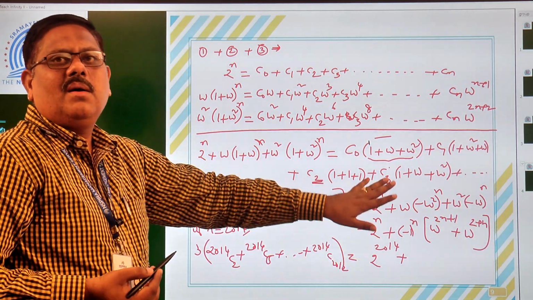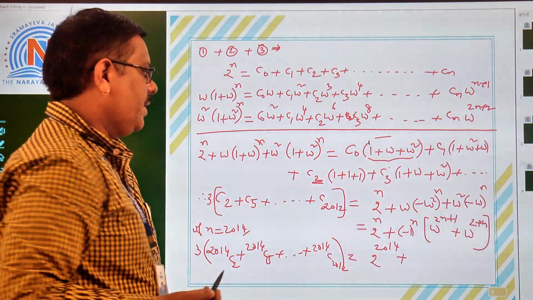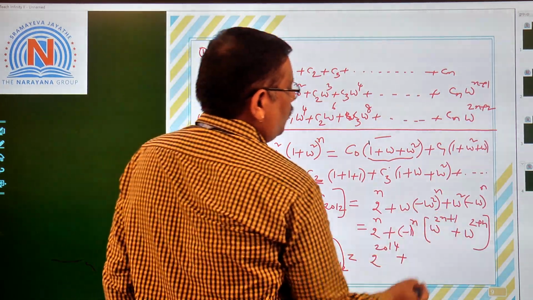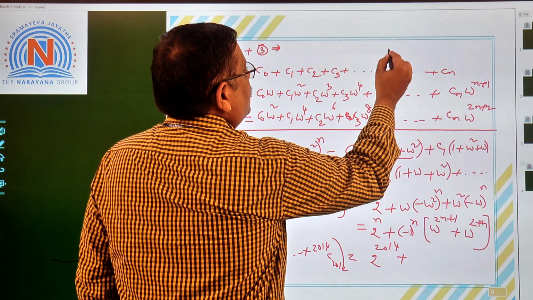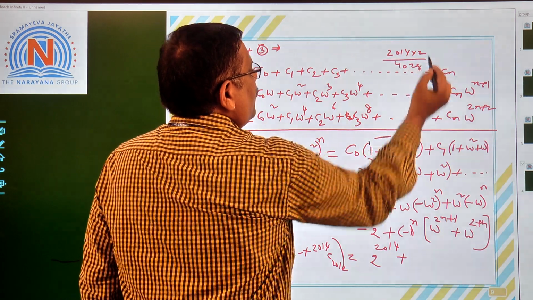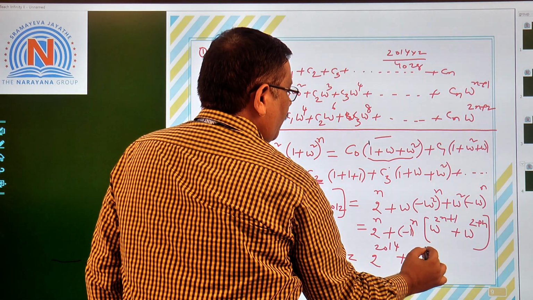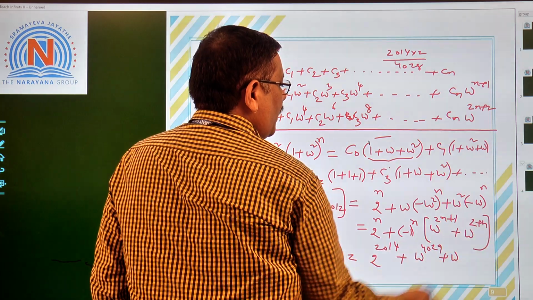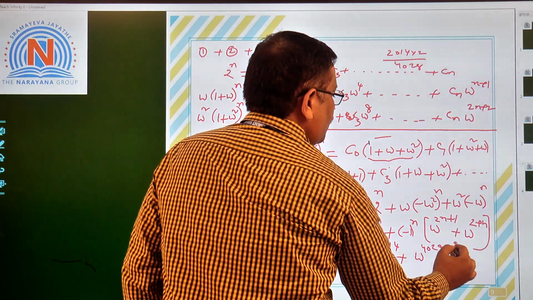2014 being an even number, it becomes positive, plus omega power 2 into 2014. 2 into 2014, that is 4028 plus 1, that is omega power 4029, plus omega power 2 plus n, that is 2016.